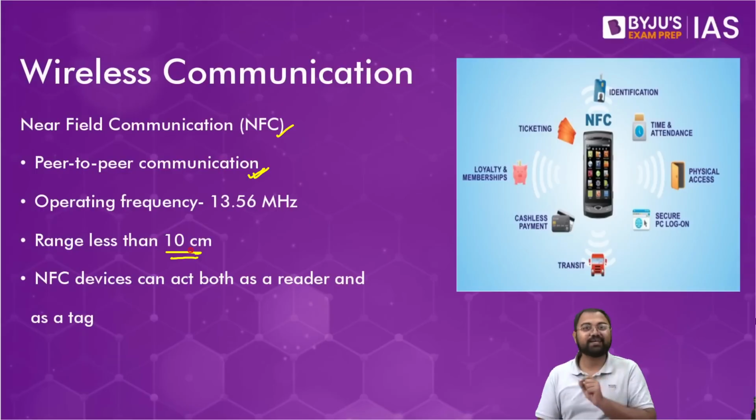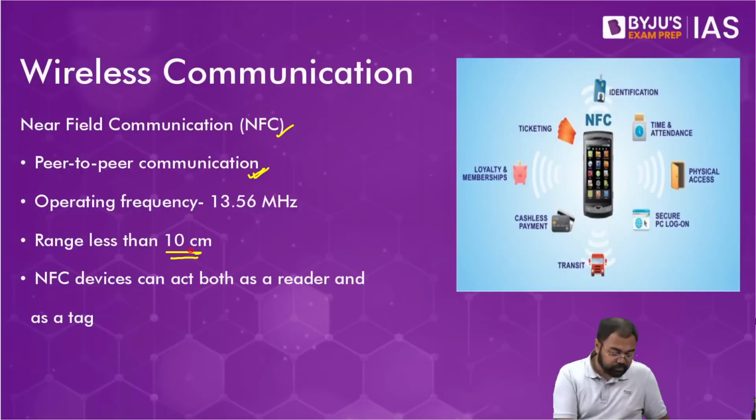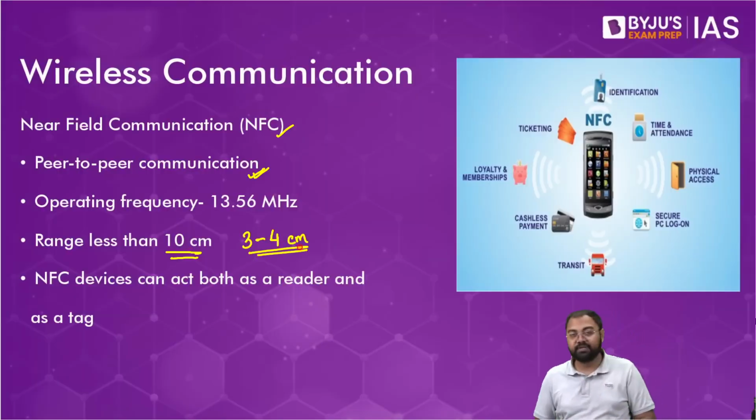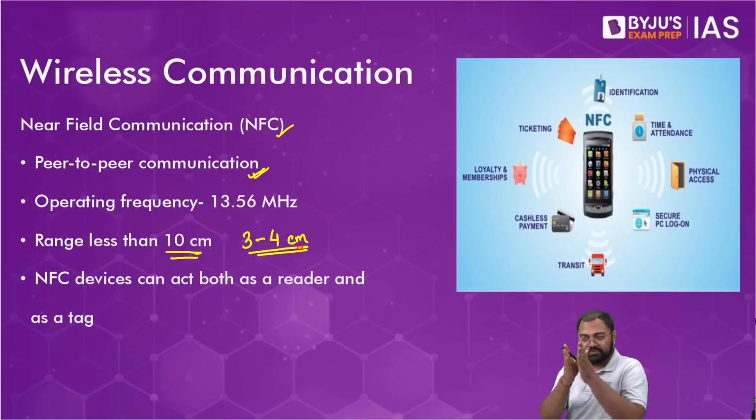So 100 times less than Bluetooth. So it's a very short range communication. The devices have to be literally touching each other, then only this communication can be established. Normally the range is only 3 to 4 centimeters. The most that the range could be is up to 10 centimeters.